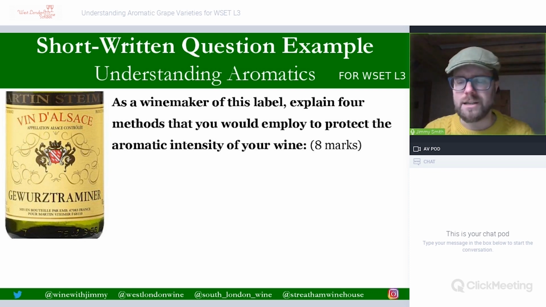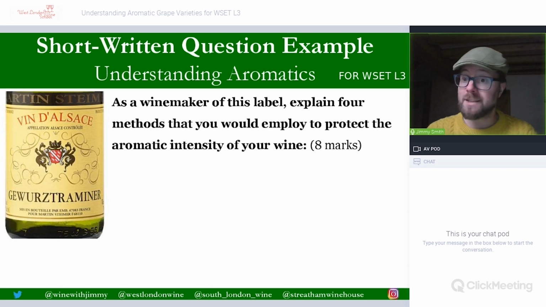That is very, very difficult. But once you understand that they are aromatics, and that similar winemaking techniques are employed across all of these, you can make generalizations. So I'm not going to answer this question straight away. I'm just putting this up here to show you what we're aiming at. We're going to learn about aromatic grape varieties, the main styles for your syllabus at level 3, and then winemaking techniques, which will help you answer this question, which we'll come back to at the end of this section.